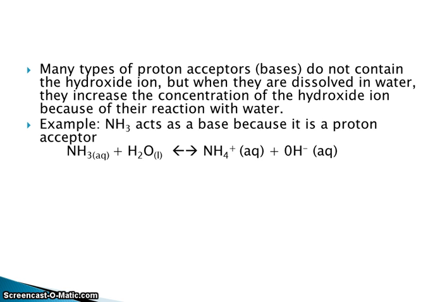It's a proton acceptor. Now the proton that the ammonia is going to accept comes from the water molecules. So the conjugate acid of ammonia is our ammonium ion, and the conjugate base of water is hydroxide. So although ammonia doesn't have hydroxide in its formula, when it's added to water, it increases the hydroxide ion concentration.